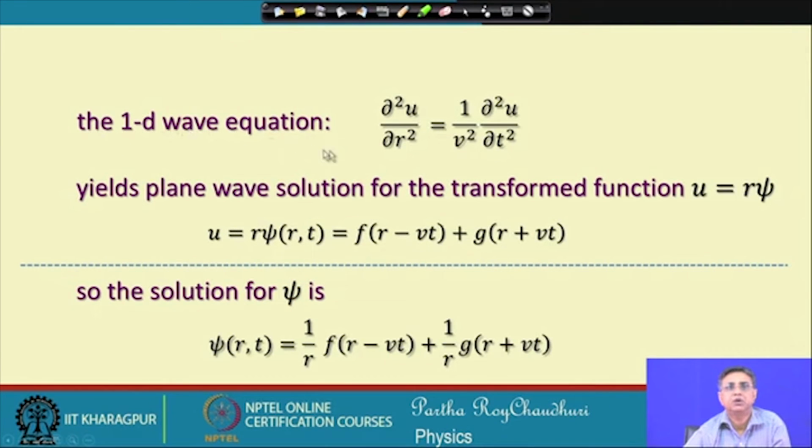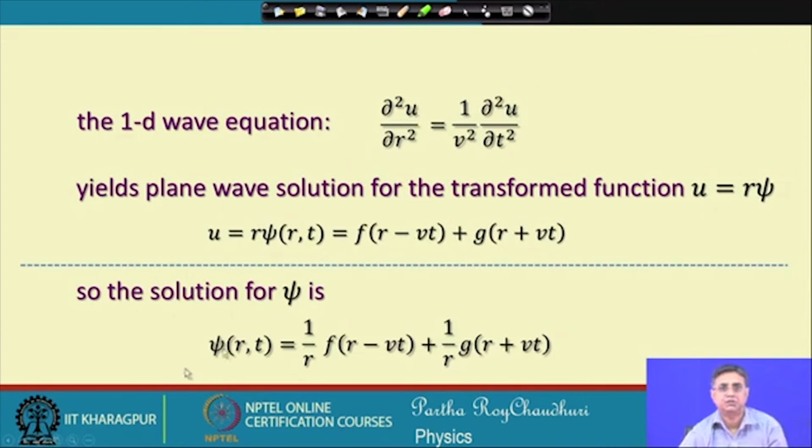The one dimensional wave equation yields the plane wave solution for the transformed function. So, by going through this route we get a plane wave solution, which will have a form like this: u of r, t equal to f of r minus v t plus g of r plus v t.